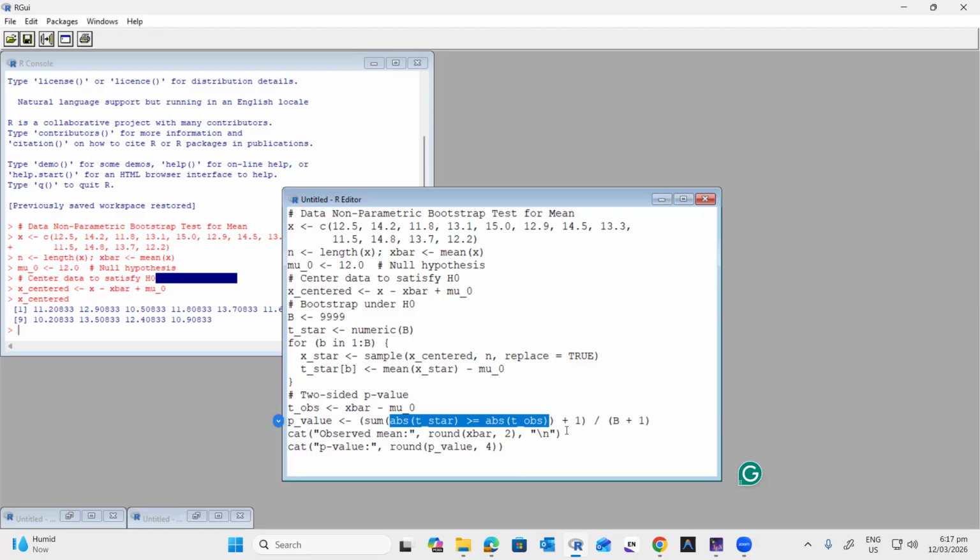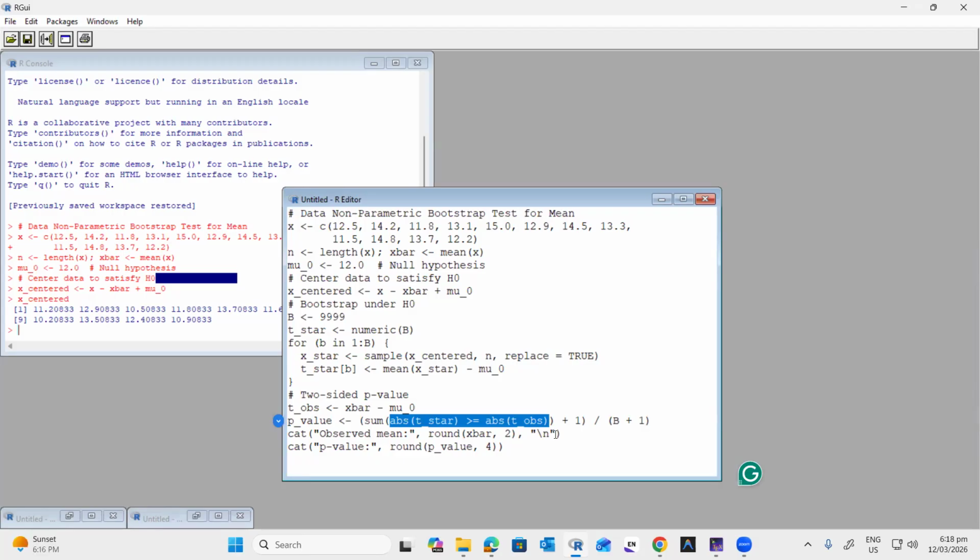So it effectively includes the observed statistic as part of the bootstrap distribution. And the resulting value is the estimated bootstrap p-value for testing the H naught, that is mu equals 12, against the alternative hypothesis H1, that mu is not equal to 12.